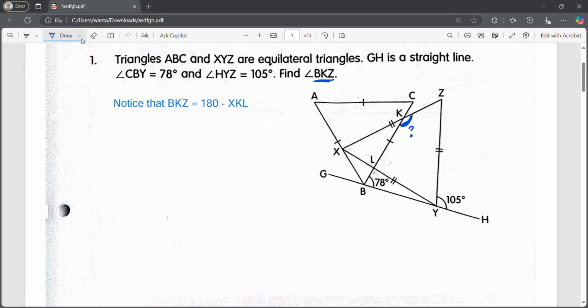Now, what do we know from the question? Well, it says that ABC and XYZ are equilateral. So that's a big hint. That means the angle over here is a 60, this one's a 60, and the other angles are 60.